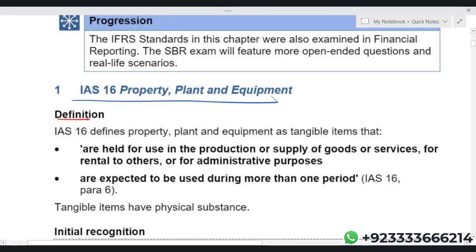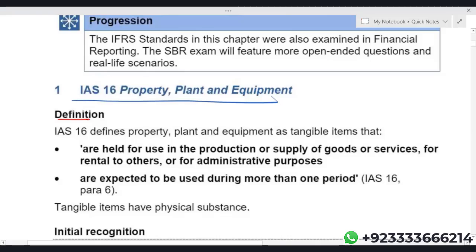Let us quickly discuss the definition of property, plant and equipment. Property, plant and equipment means on what sort of property, plant and equipment we will apply IAS 16. Number one. Let's say there is a machinery which we are using in the production. So IAS 16 is applicable.